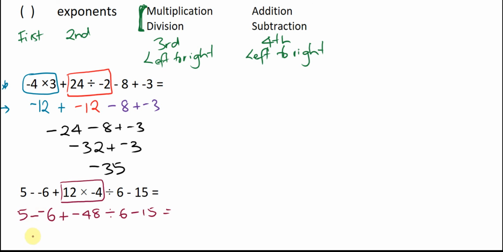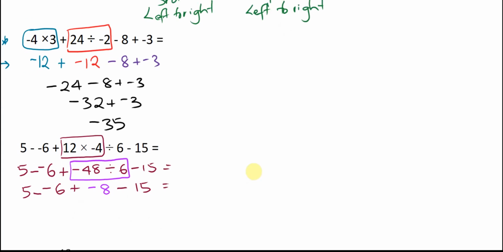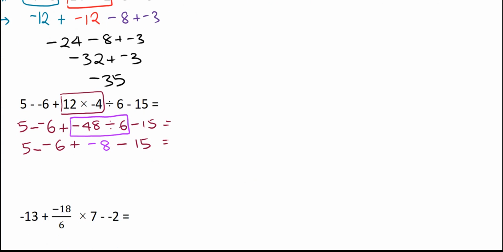Okay, now I'm going to proceed through again and do that division. So I've got 5 minus -6 plus, so I want to do this sum here. So that part of the sum, -48 divided by 6. So that will give me -8, and then just rewrite the rest. It's 15.